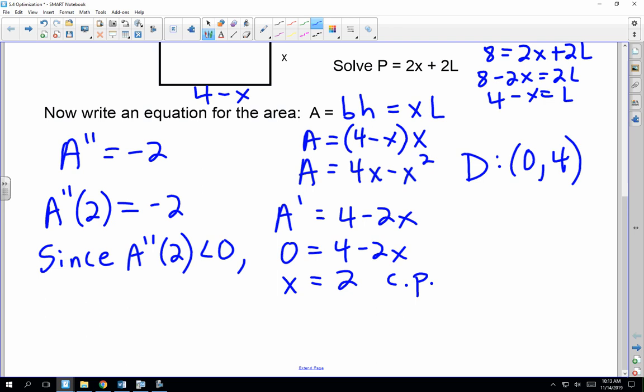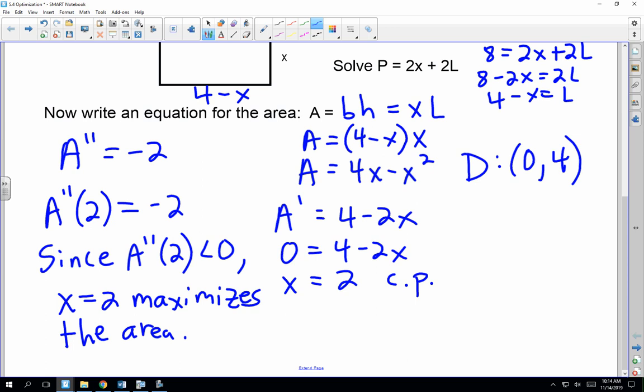Downward. So what does it make sense that 2 would be? Max. Do we have any choice anyways? This is the only critical point. What's it asking for? Max, right? So x equals 2 maximizes the area.